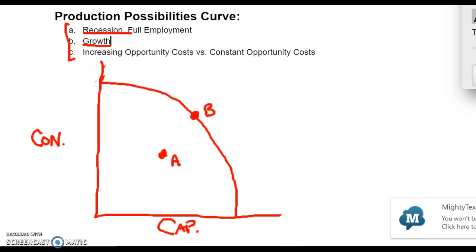And then the third thing is an increase in the quality or quantity of resources. So if I have more land, for example, or if I recover my land, so land that used to be a nuclear wasteland is now able to be used for agriculture, for example.